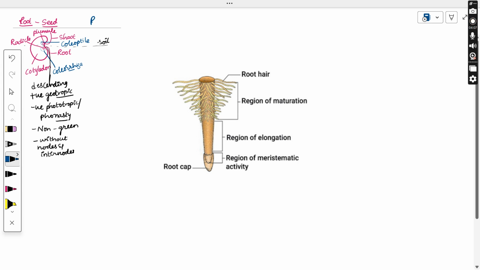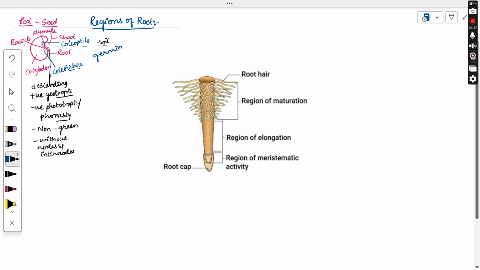Let us see what the main regions present in the root are. The regions of the root are mainly four. Somewhere it is mentioned as three also. So let us see what these are. If you want to study the regions of the root, you will be observing a germinating seed.